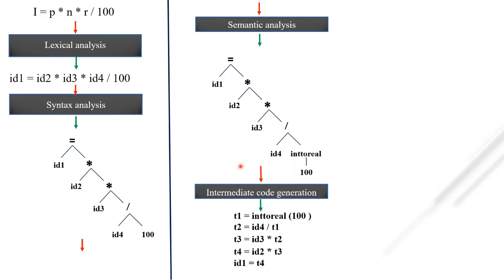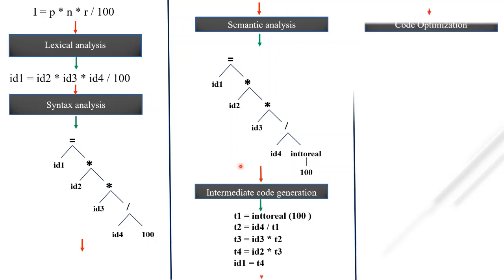Now code optimization is applied to the intermediate code for faster execution, and also it consumes less memory. So here ID4 divided by 100 is stored in a result, whereas before we were using 2 temporaries. But after code optimization, only T1 equal to ID4 divided by 100.0.